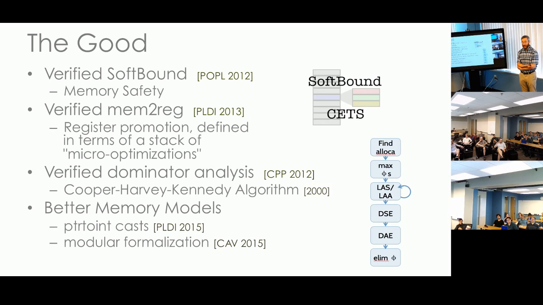So let me talk about how we do this memory safety pass first, just at a high level. The original Vellvm semantics provided a whole suite of definitions for reasoning about these programs.